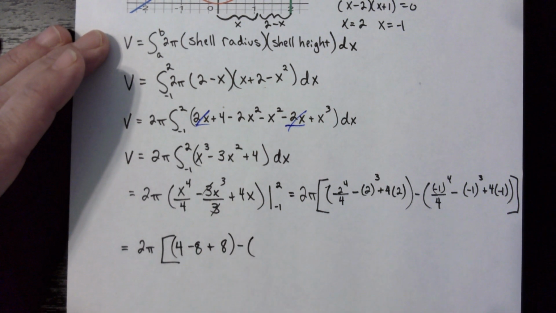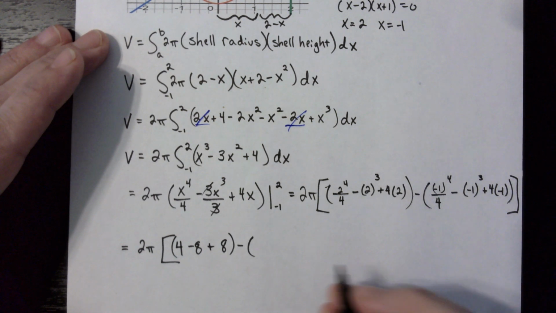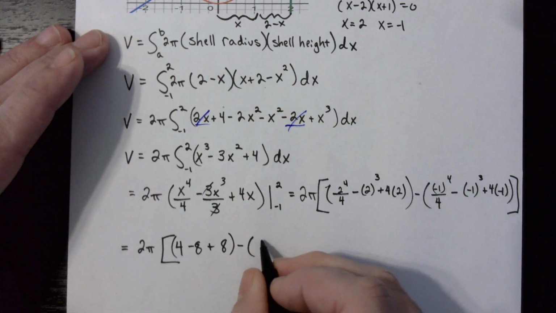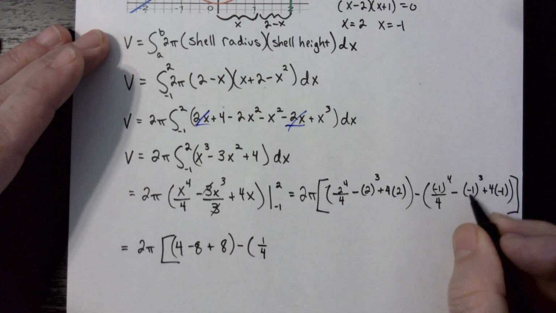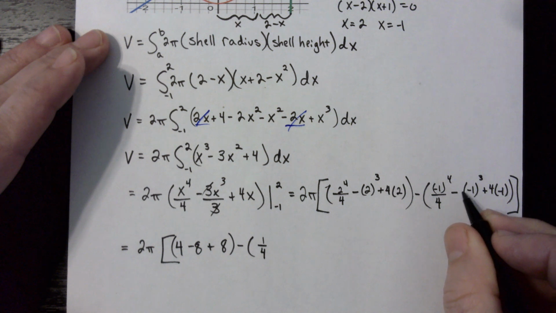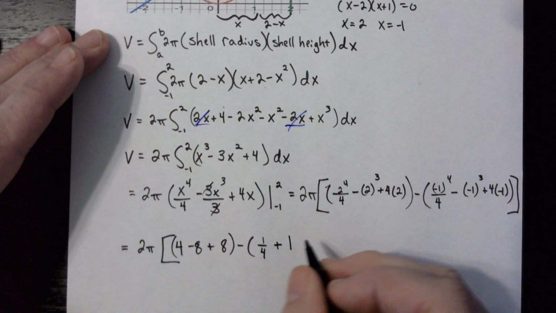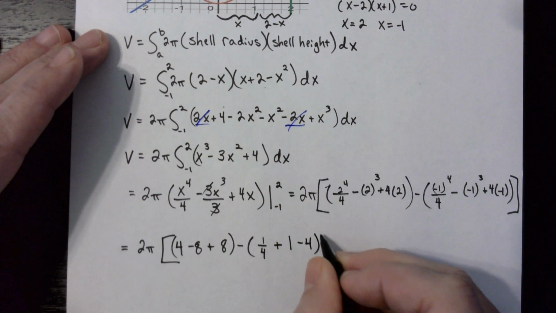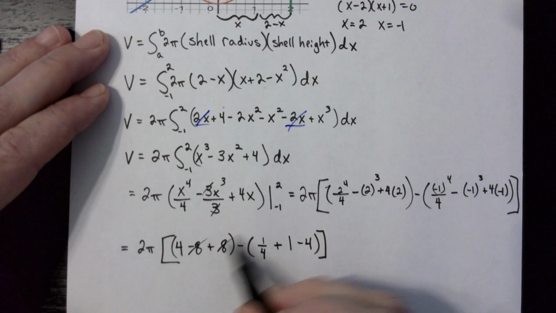Okay, minus, let's see, this is going to go positive because it's raised to the 4th power. So that's going to be 1/4. This will stay negative, but then it has this negative out in front. Okay, so this will end up becoming a plus 1 there. Okay, and then the last one will be -4. Getting close to being done here. Okay, let's go ahead and cancel out those two terms.